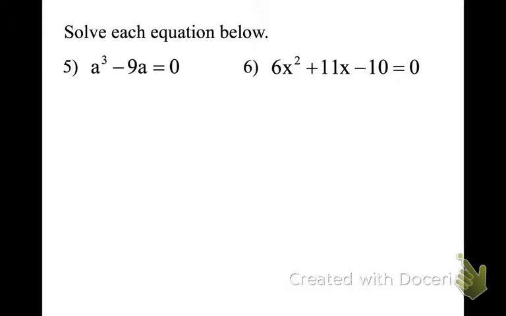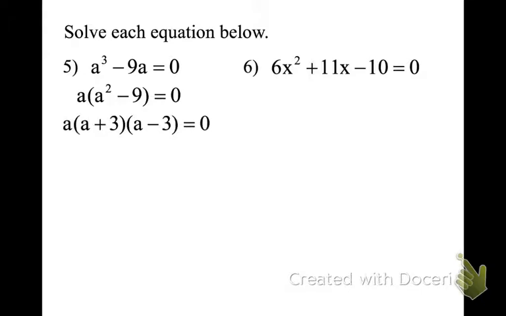Let's check it. So I'm going to factor out my GCF a, and then I'll be left with a squared plus -9. I'll do a times the quantity of a plus 3 times the quantity of a minus 3, because it's a difference of squares, right? Set them all 3 equal to 0.